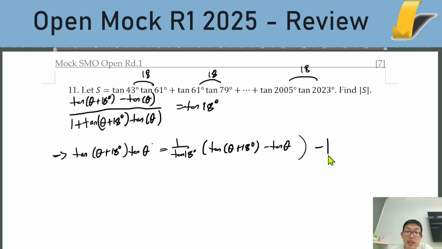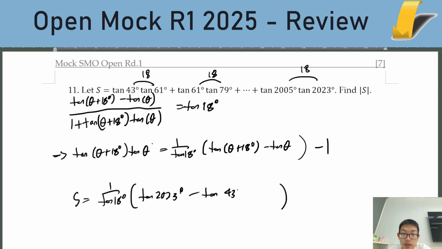Which allows me to now just apply to all of this, and I know that it will telescope. You have tangent of the bigger one minus tangent of the smaller one all the way. So I can just fast forward it all the way to this, except that I need to check how many terms there are.